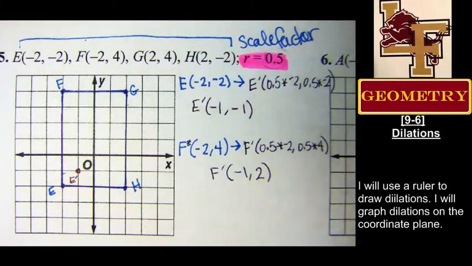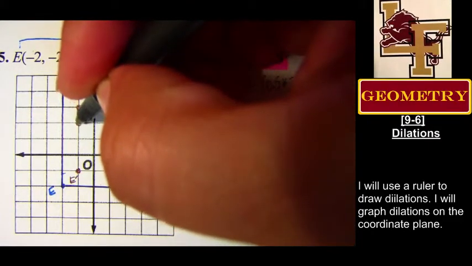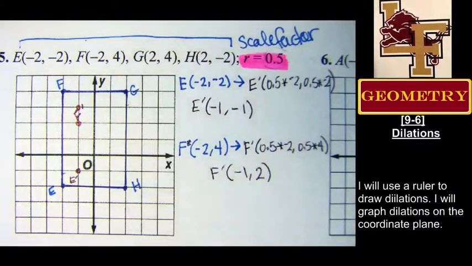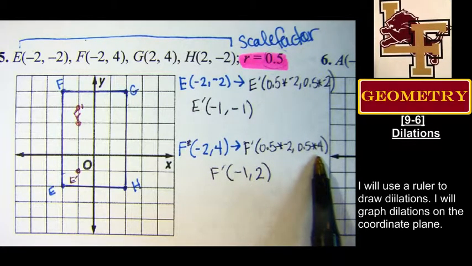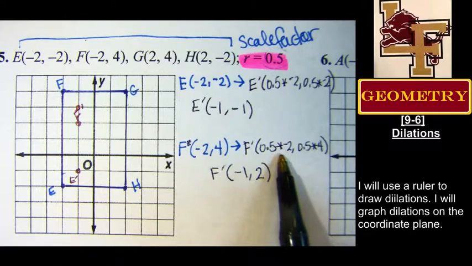And I recommend, even if you're confused just by a little bit with this, whoops, I put that in the wrong spot. This one is a -2, and this one's a 4. Right here, that's a multiplication symbol.